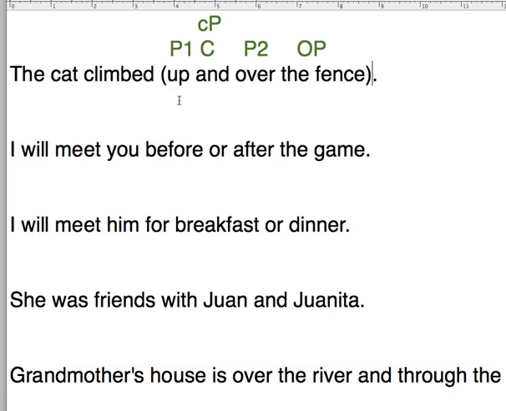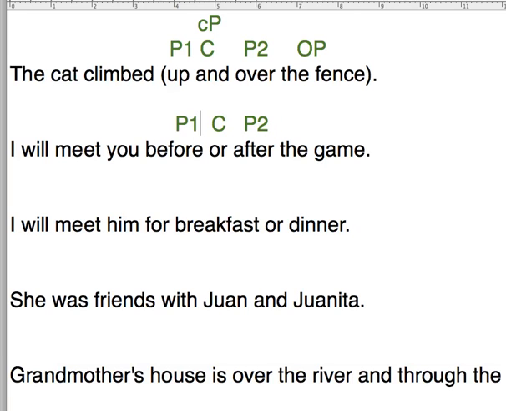Let's look at another. I will meet you before or after the game. Okay, here the connector is or, and it's connecting the prepositions before and after. Both of those are prepositions. So we've got P1 is before, connector is or, and then P2 is after.